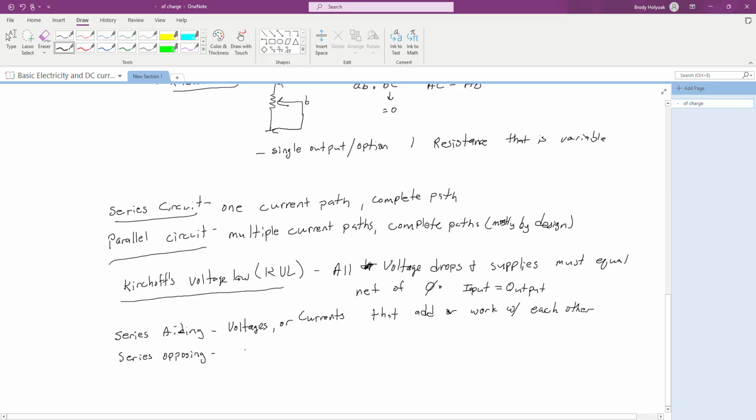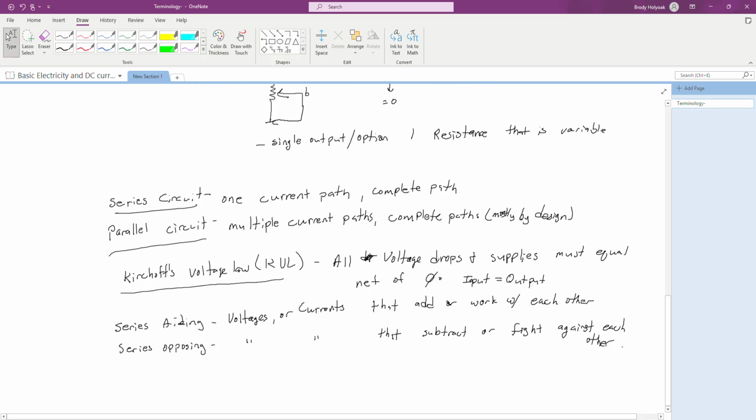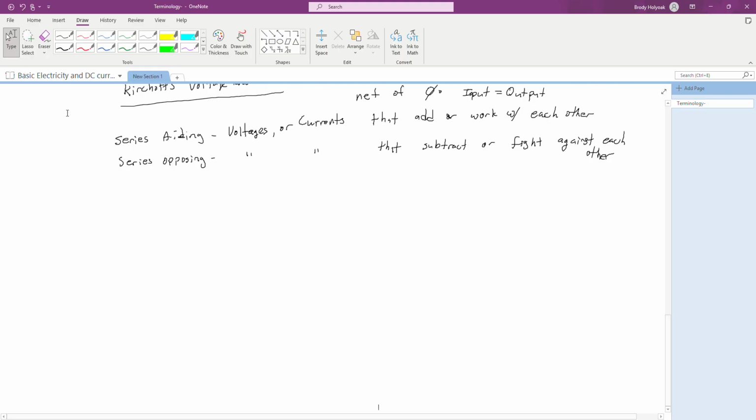Our series opposing is our voltages or currents that subtract or fight against each other. And we'll talk about those a little bit more later as well when we get into some of the actual theory. Okay? So series aiding is they add and they work with each other. Series opposing is they subtract and they fight against each other.